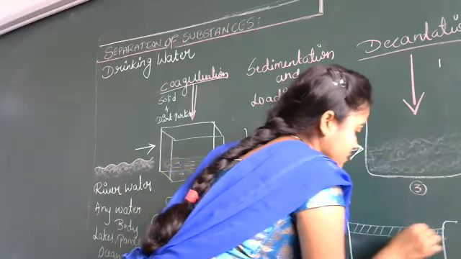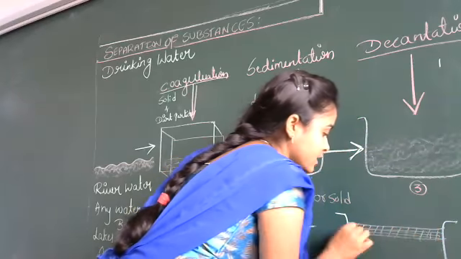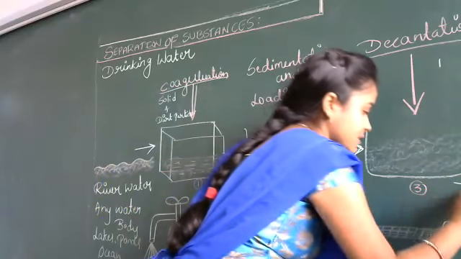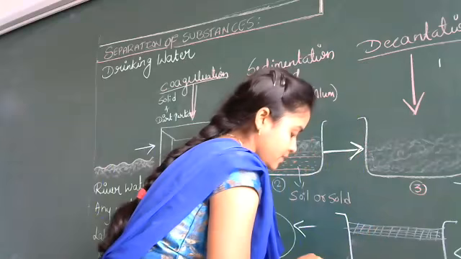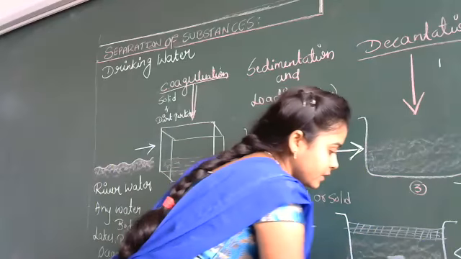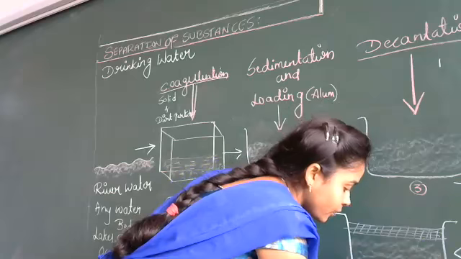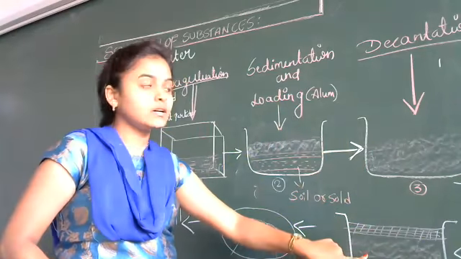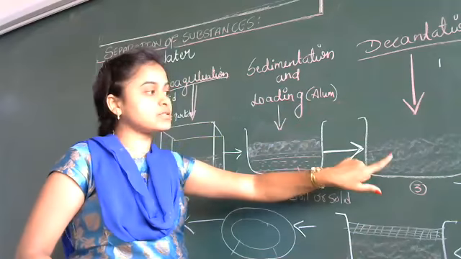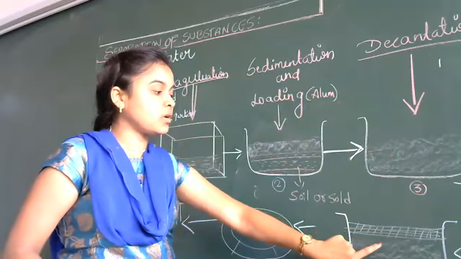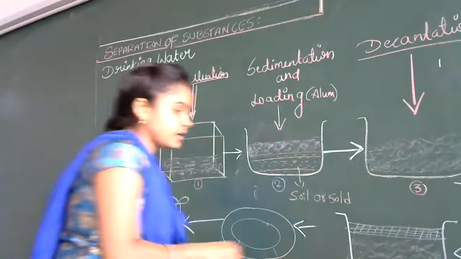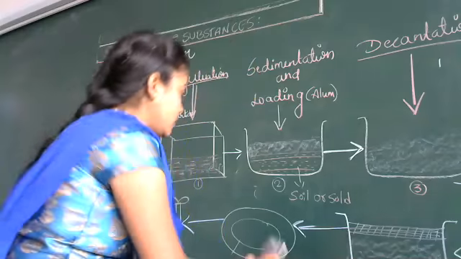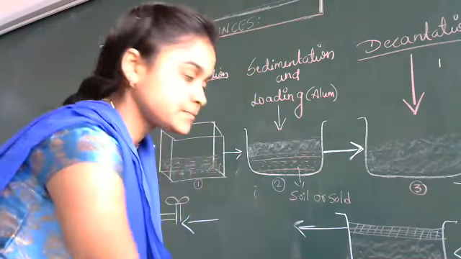Some filter papers or a mesh net is used, and this water is transferred to the next tanker, where it is filtered, in the fourth tanker. The water has been filtered after decantation. Now this filtered water is again transferred to the next tank, or you can see the next container.